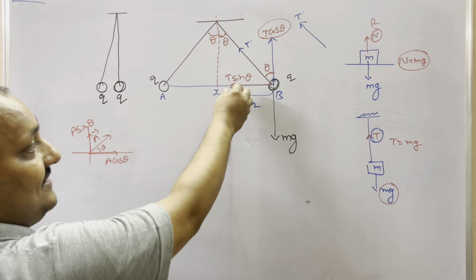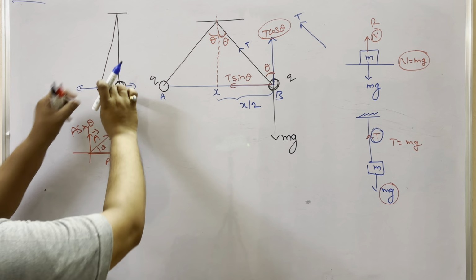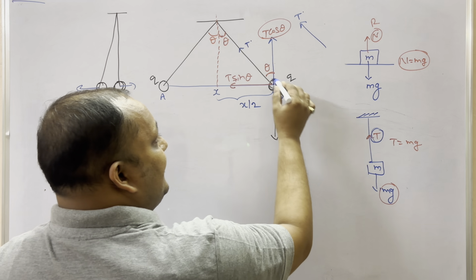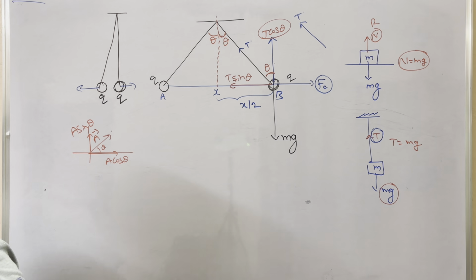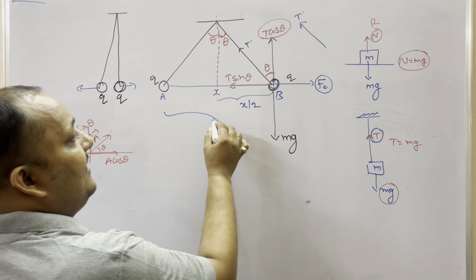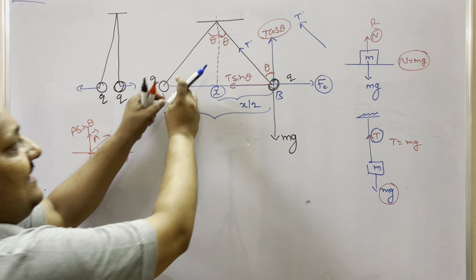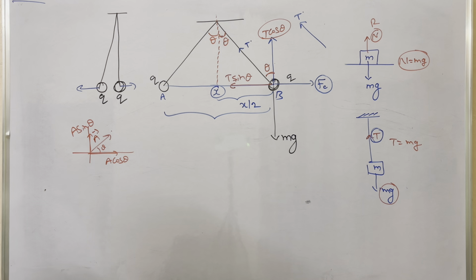Between these two, which force is going to adjust? A repulsive force in this direction is going to act. Therefore, T sin theta is balanced by Coulomb force, that is the force between A and B, which are separated by distance x. So this x got separated by itself whenever you are suspending two similar objects.